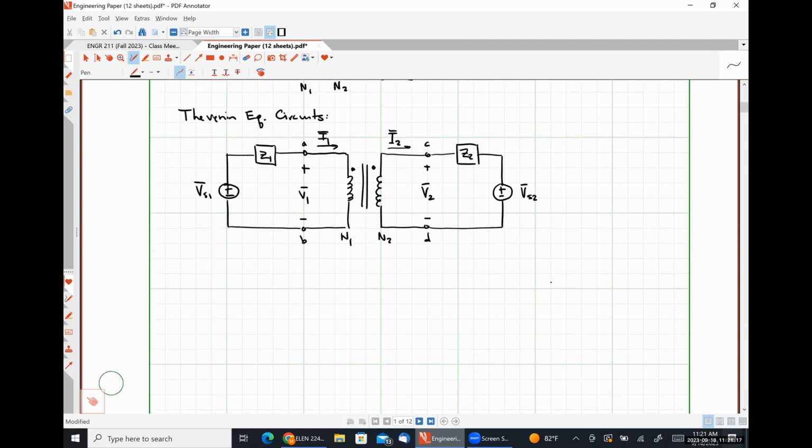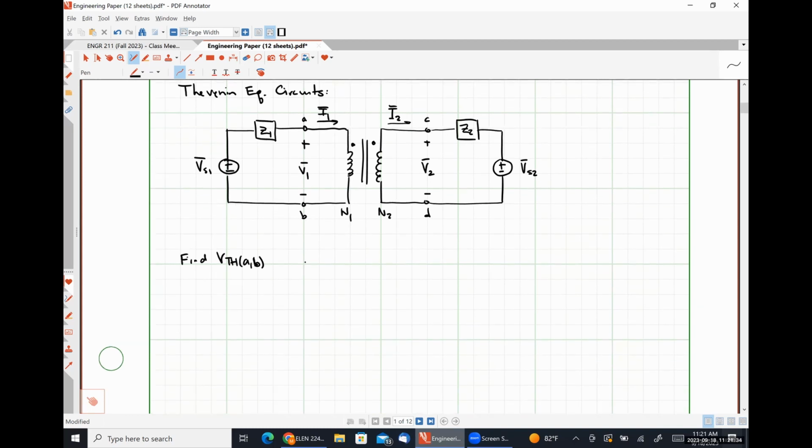So we are going to try to find the Thevenin equivalent circuit as seen between terminals A and B. So we're going to start with a voltage. All right. So I'm going to disconnect my circuit from terminals A and B. So here's voltage V1. Here is N1.